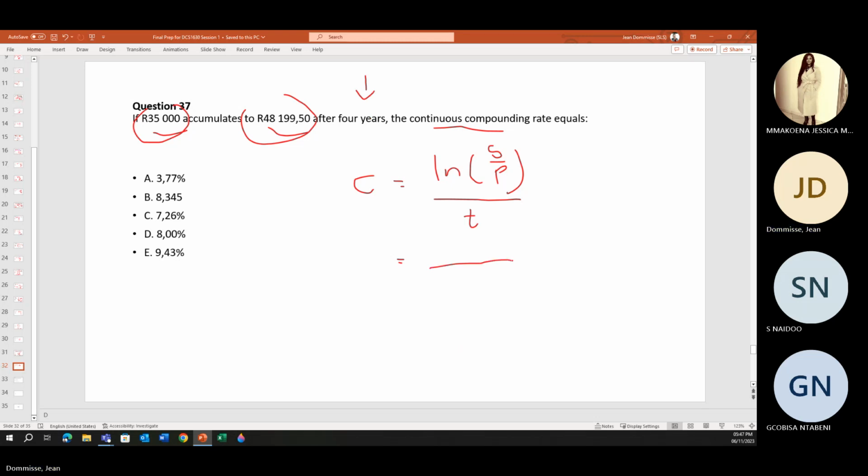So when it's yearly, it is just divided by 4. Let's just check then what is, so it got accumulated to 48,199 Rand 50. So that is your future value. Your present value was 35,000.